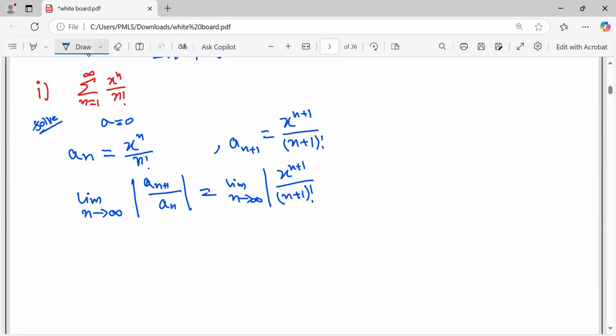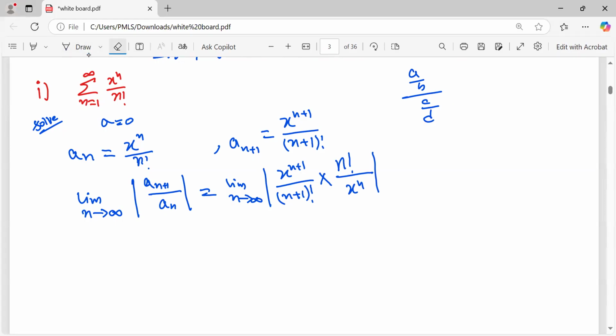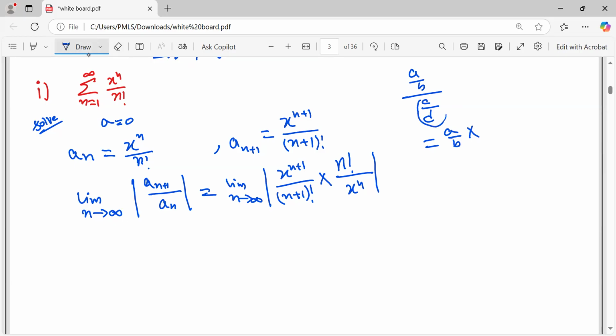And if we divide it by this and want to write it in multiplication form, it becomes n factorial over x raised to power n. Keep in mind, if you have a over b divided by c over d and want to write it in multiplication form, it equals a over b as it is, multiplied by the reciprocal of the denominator expression, d over c.